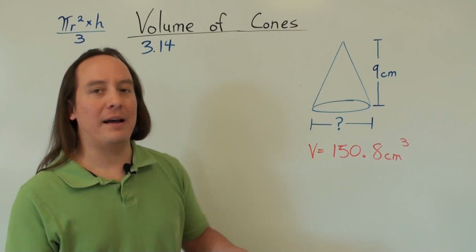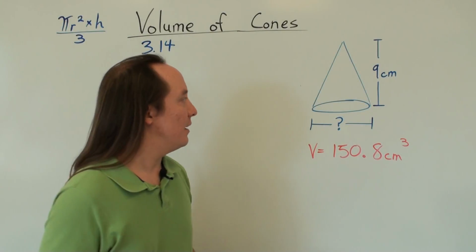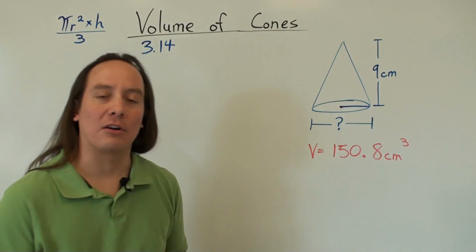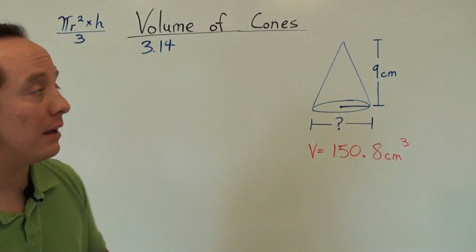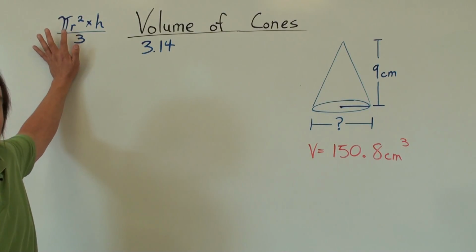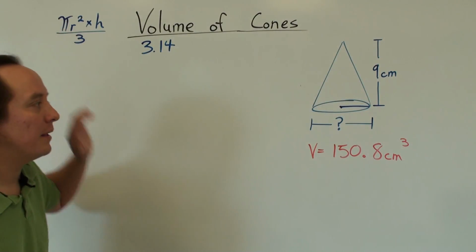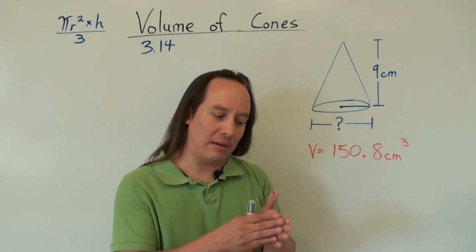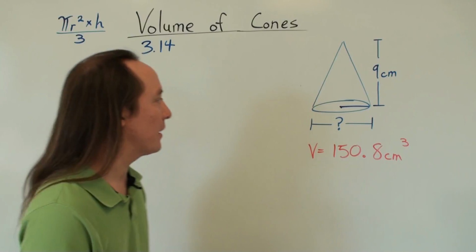In fact, I have to find radius first. I have to find the distance from the center of the circle to the outside edge first, because that's really what the r is. That's what I can actually get to more directly. Once I have the radius, then I can find diameter, because I just got to double it, right? Okay, let's go ahead and get started.